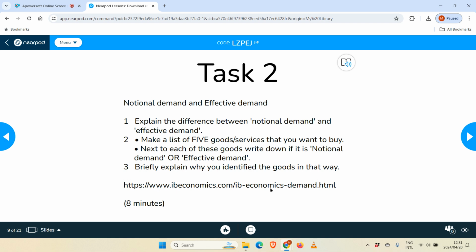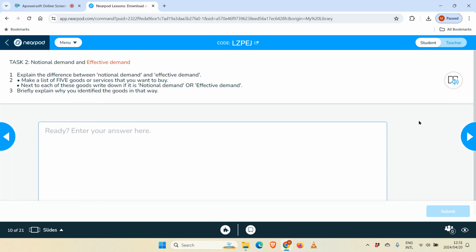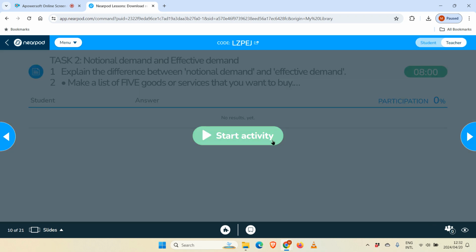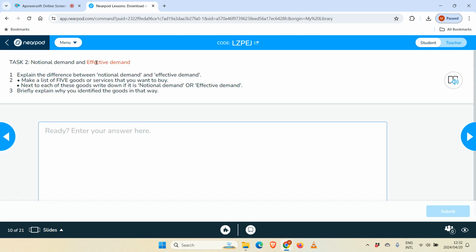Here's a website students may want to consult in answering this task. Again, the teacher will start the activity. The students will see these questions, and they complete them in this space over here.